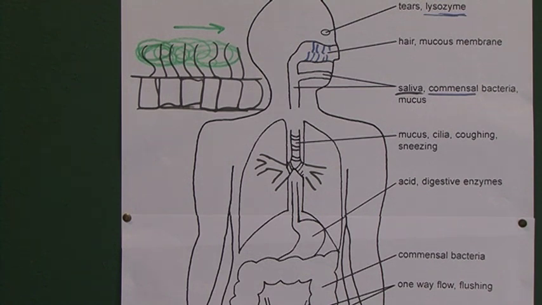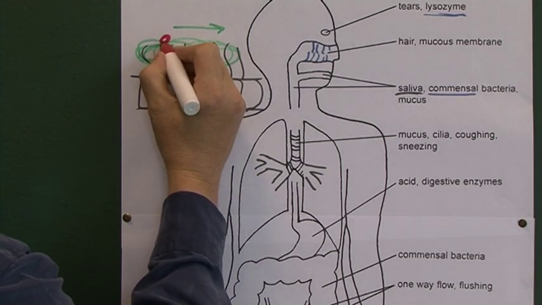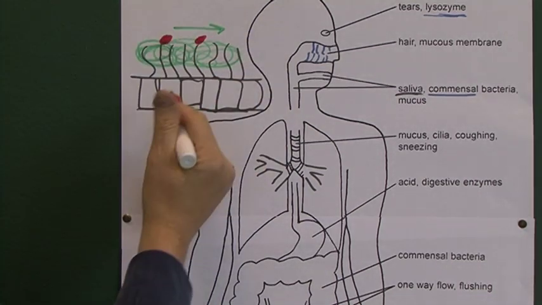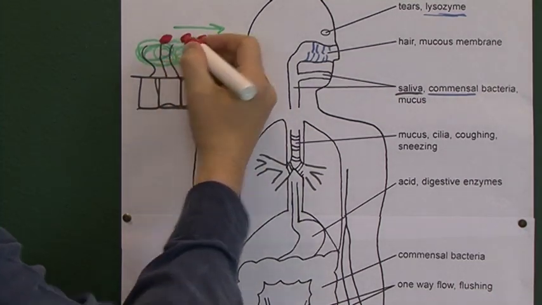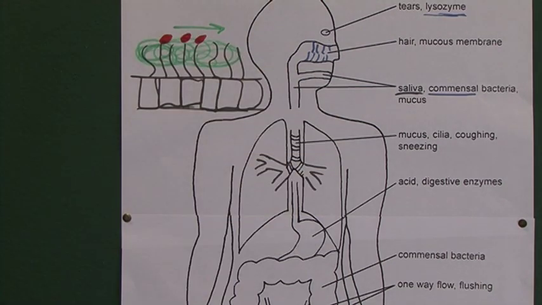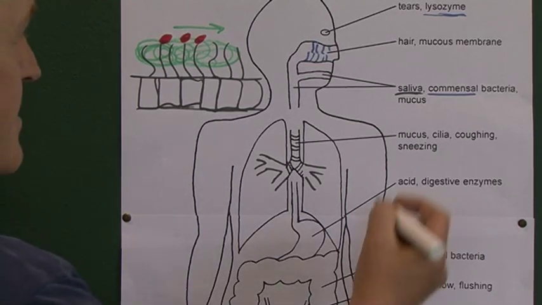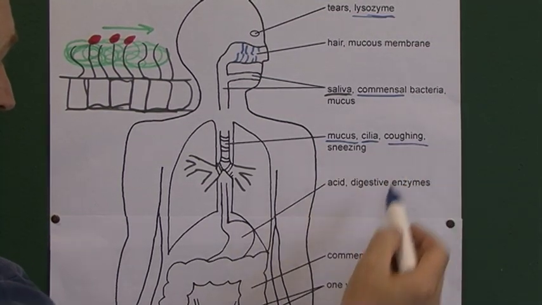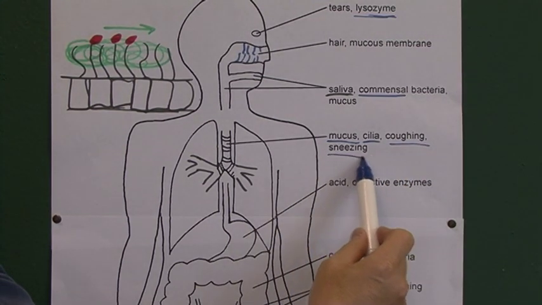This means that if bacteria are inhaled or viruses are inhaled, they'll stick onto the sticky mucus, and rather than staying in the lungs where they can reproduce, they'll be wafted away to the trachea, where they can be coughed up out of the body and now unable in that situation to cause infection. So we need the mucus, we need the cilia, we need the coughing, and sneezing also does the same thing.